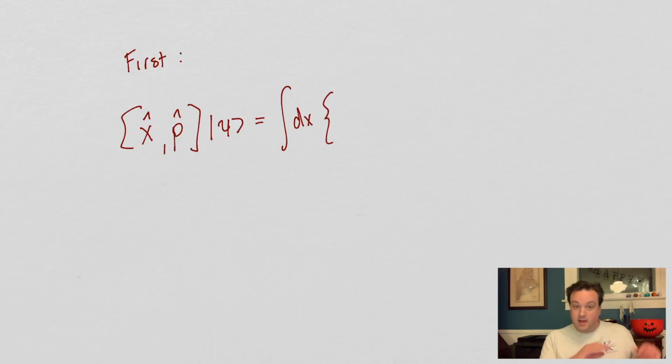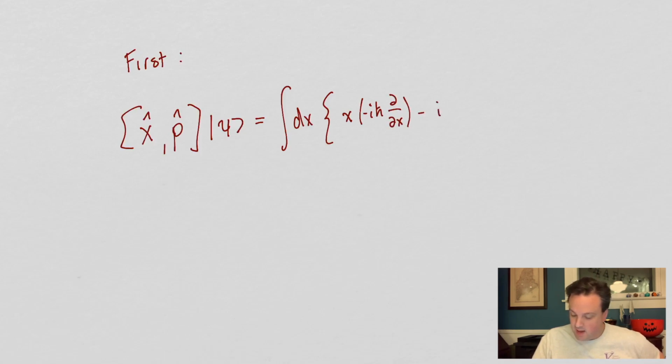I then have my x operator, p operator, and I'm going to write them down in the position basis, right? So this is x times minus i h bar d by dx, minus i h bar d by dx of x, and then of course times the wave function, and then I have my eigenstates at the end.